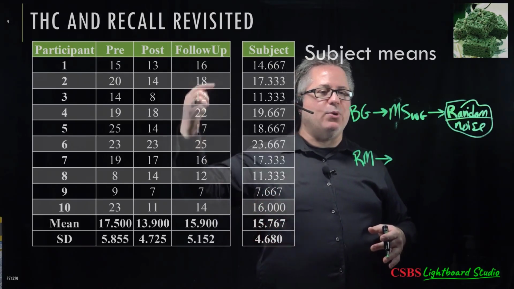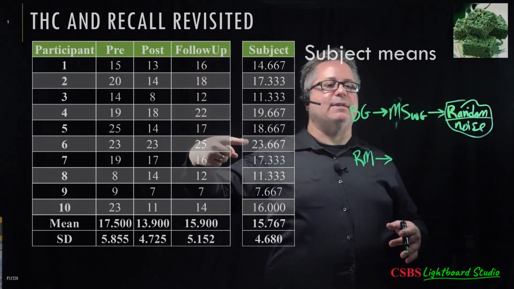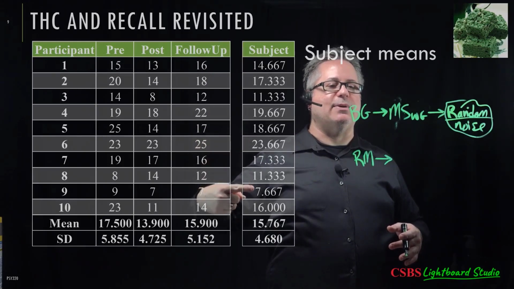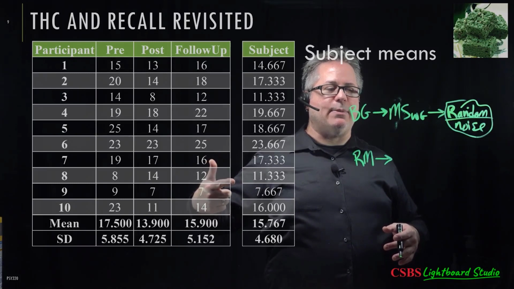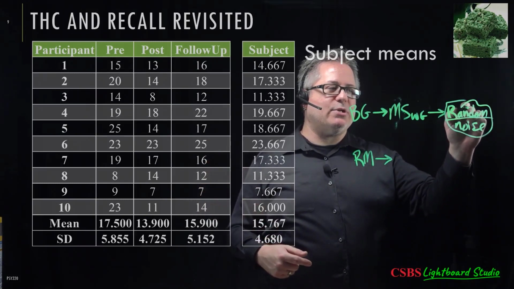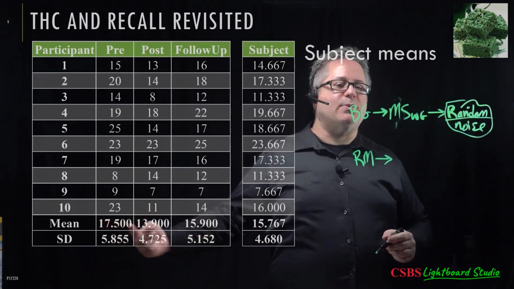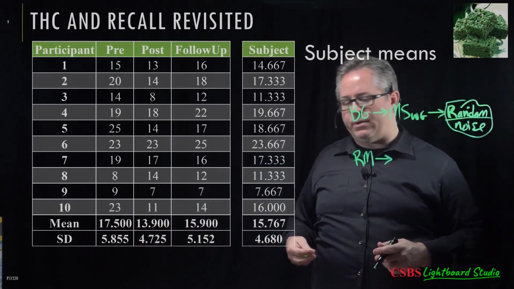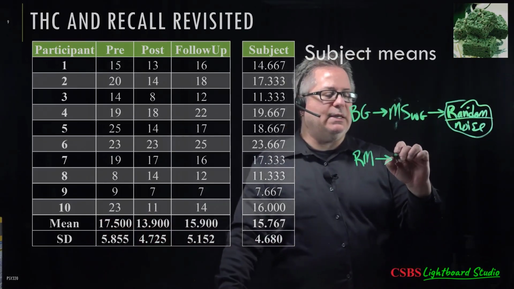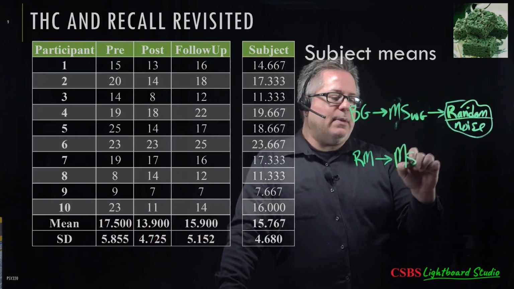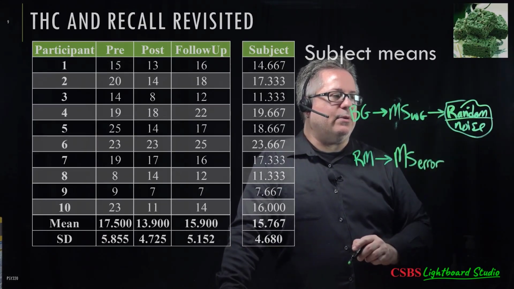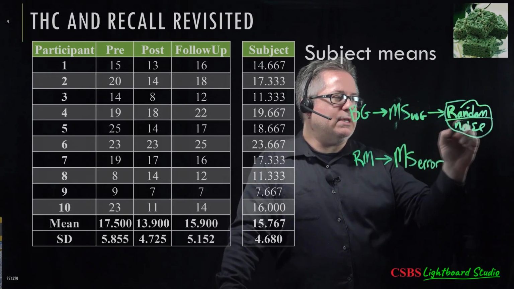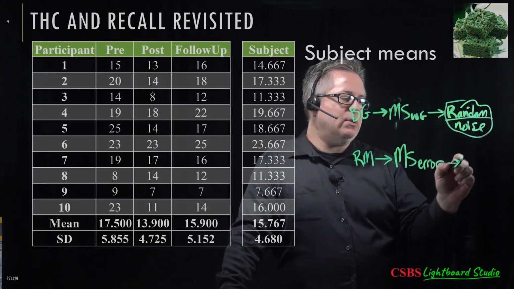I still can't tell you why this subject is higher and this subject's always sort of lower. I don't know why, but it's not completely random anymore. So I can't just use MS within groups to be my error anymore. So for repeated measures, I need a different measure of error. I need to figure out some other way to look at error that hones in on what is really the random part.